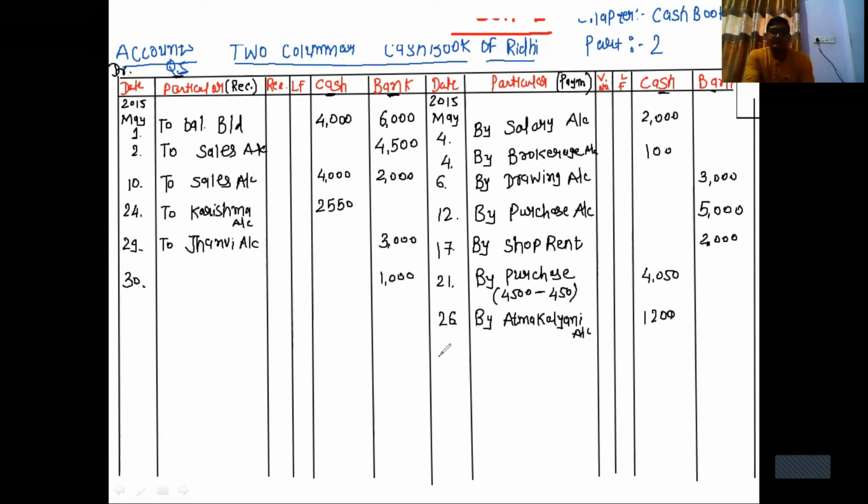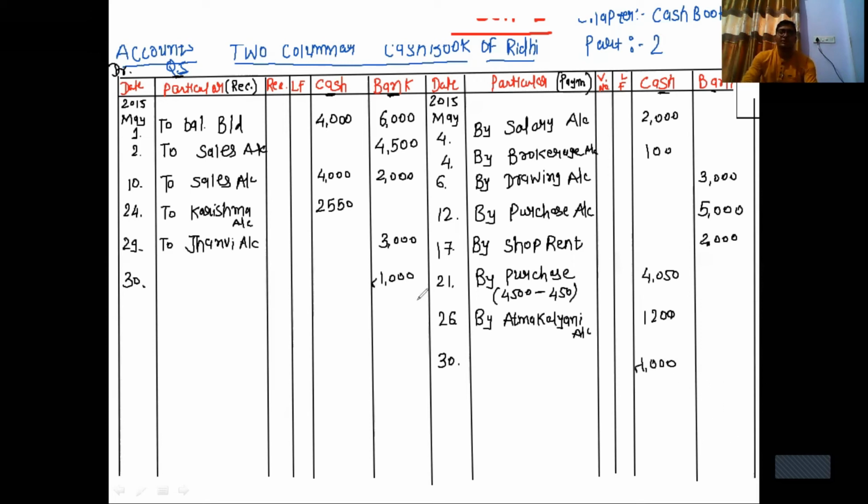But our cash balance decreases. So in the cash column, we have to write on the credit side because our cash balance is decreased. Bank balance increases, so on the debit side; cash balance decreases, so on the credit side.